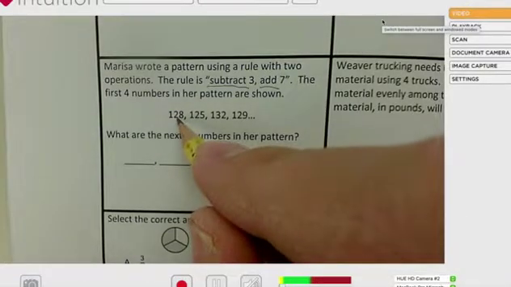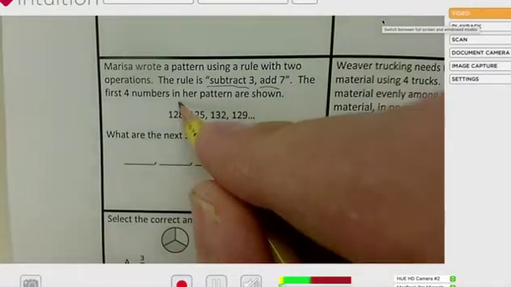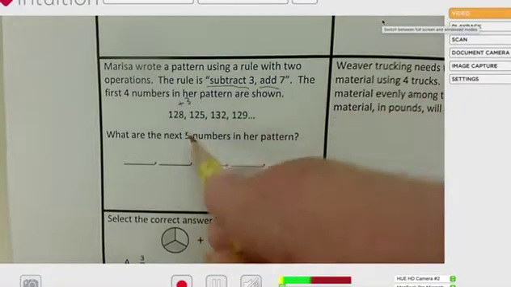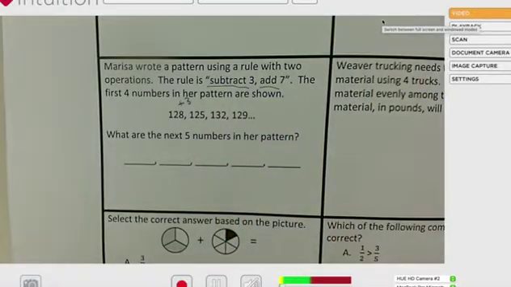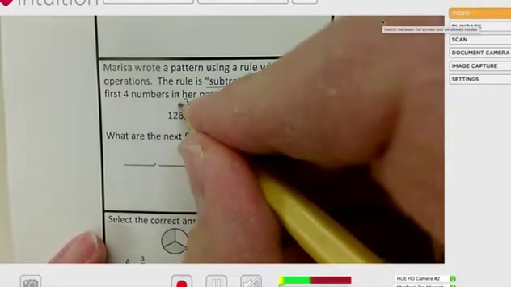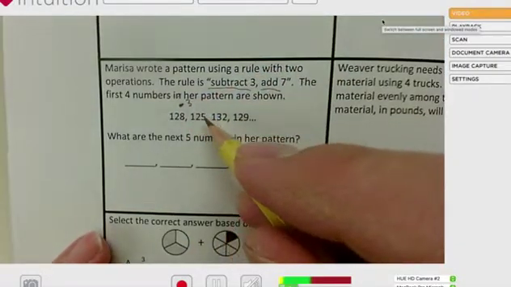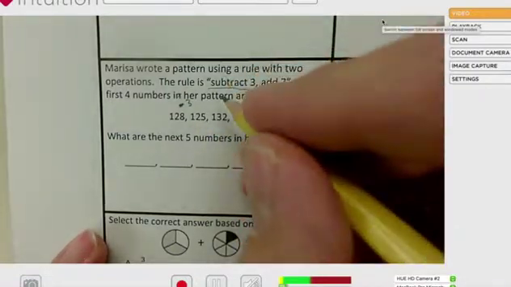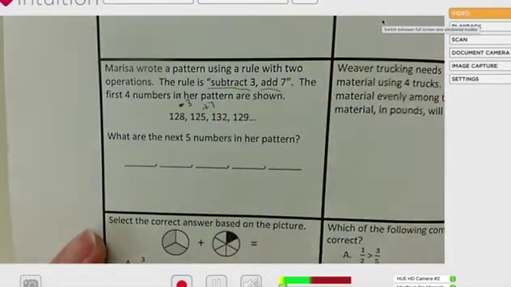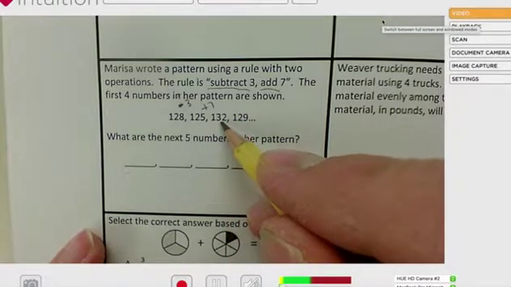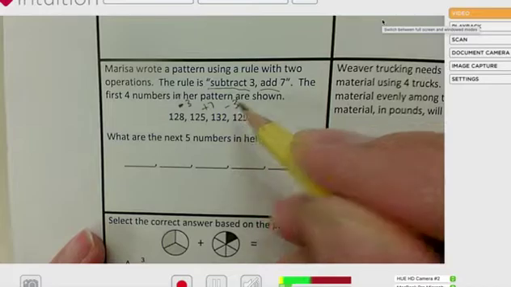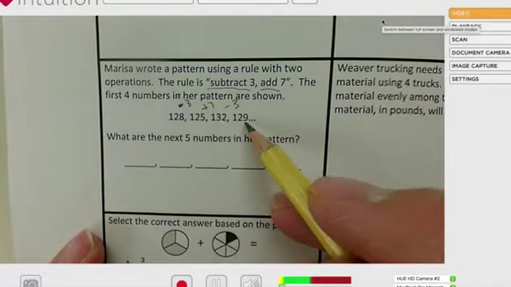For example, 128, if you subtract 3, and yeah, I would like you to put a little minus 3 there, then you get 125. 125, if you add 7, yes, I want you to put a little +7 there. You go from 125 to 132. And then if you subtract 3, so you get the idea, you go from 132 to 129.